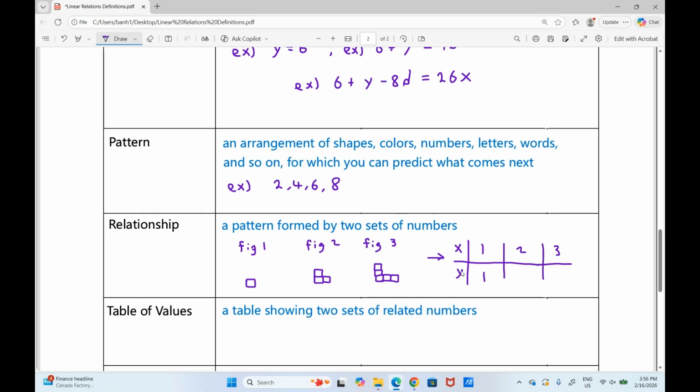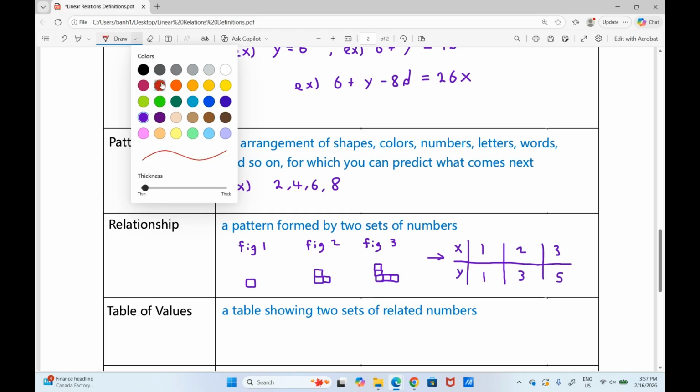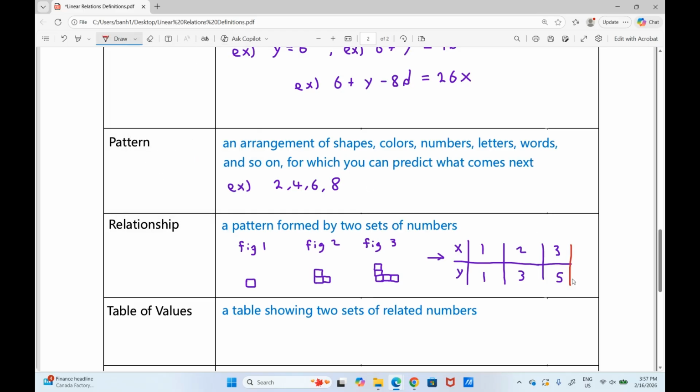How many blocks are in figure 2? 3. And in figure 3? 5. The pattern seems to be, if I find figure 4 now, as the figure number goes up by 1, I'm increasing my number of blocks by 2. So the number of blocks in figure 4 should be 7.